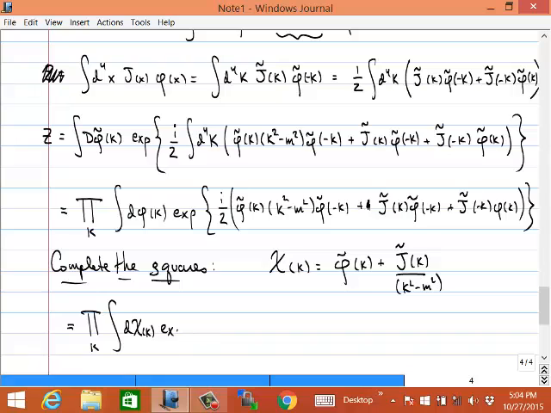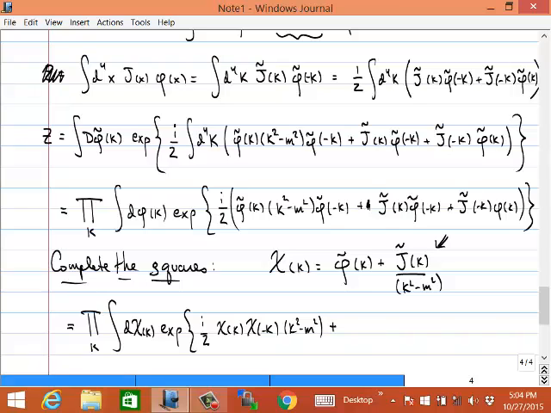And what's the thing that I'm integrating? It's i over 2. What do you get? You get a chi of k times a chi of minus k times that kinetic term, k squared minus m squared. And I chose this coefficient here so that if we wrote it all out, there'll be no terms that are linear in chi.